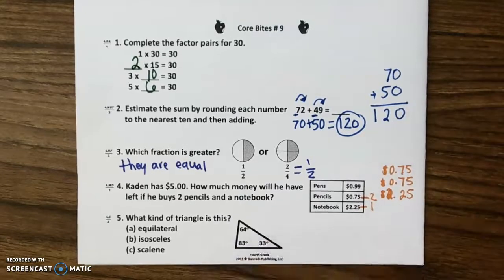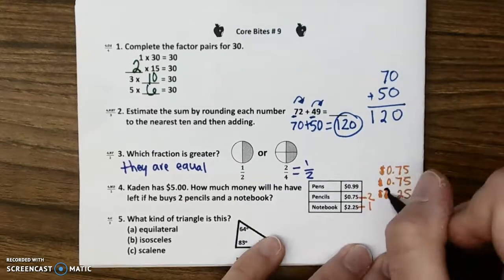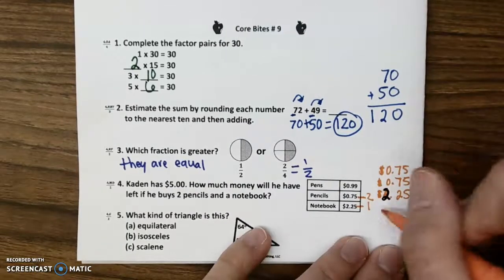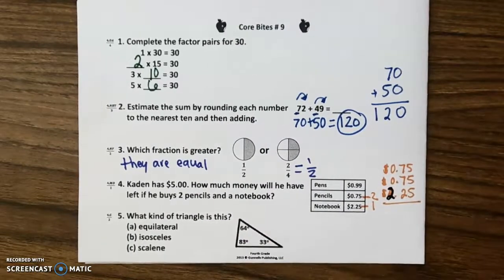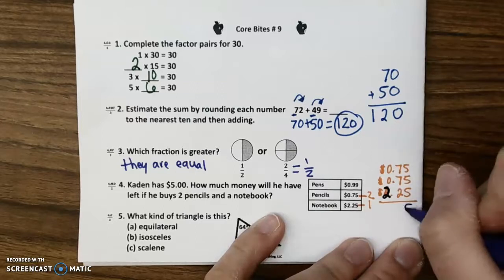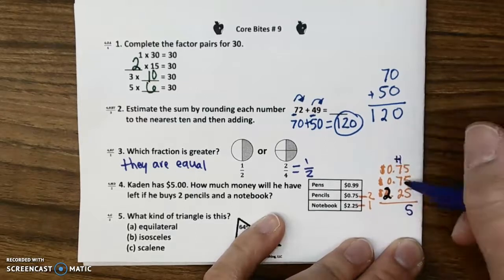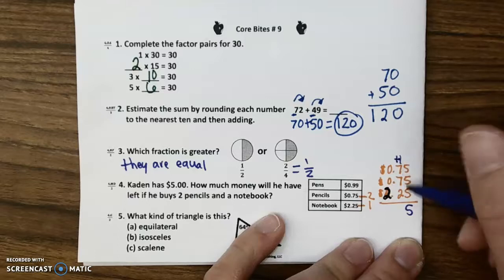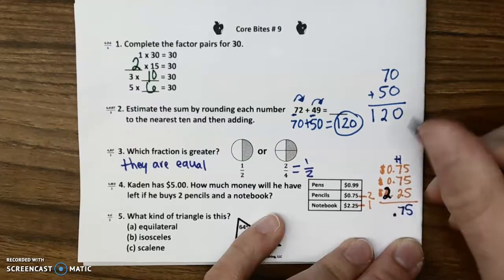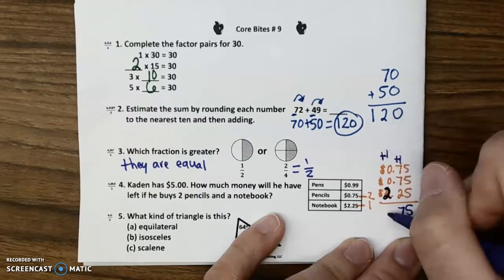I'm going to go back and I'm going to make sure y'all can see that number. That's a 2. All right, so we're going to add these up. 75 cents, and $2.25. Okay, so 5, 10, 15. Regroup your 1. 7 and 7 is 14, 15, 16, 17. Bring down your decimal. 2, 3.